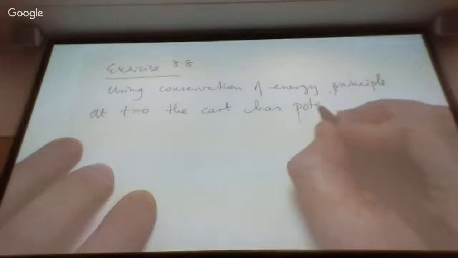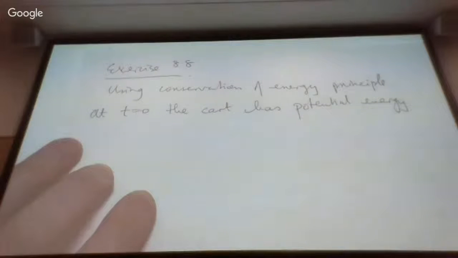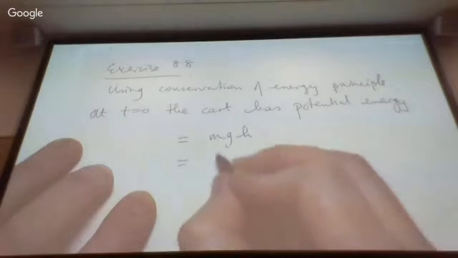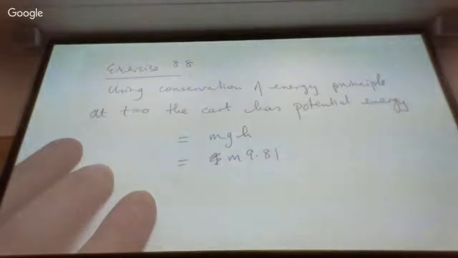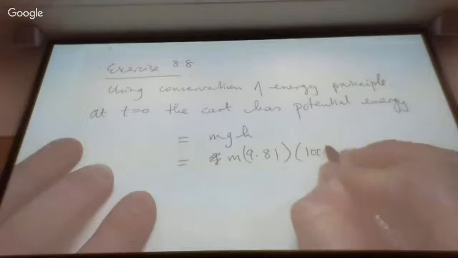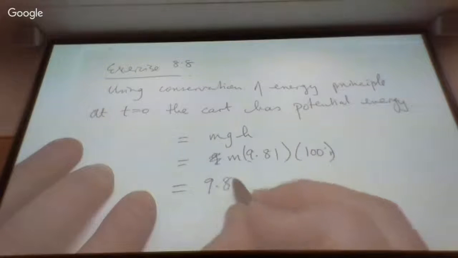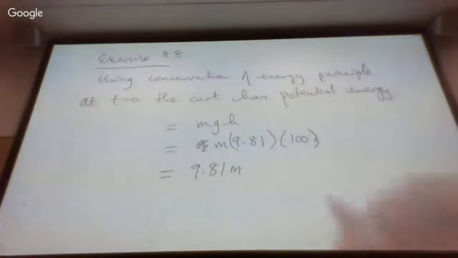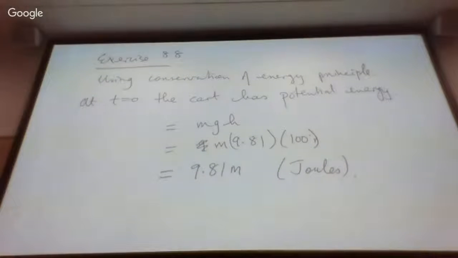So the cart has potential energy, and its potential energy is mgh. So whatever its mass is. Now we haven't been told its mass, so we'll just keep that as m for the moment. But we're told the height of the track is 100 meters. So this energy that it has is 9.81 times 100 times the mass. Units of these energies are joules, but I'm going to neglect that for the moment.